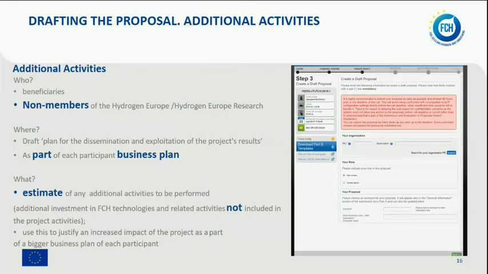We are interested to know what is being carried out and is not directly supported by this program. We would like to see what is the leverage effect. We will not audit these numbers. They are just for us to know where our program stands and where the field is going. So it will be very important for us that you include this in the additional activities, of course also for beneficiaries which are non-members of either Hydrogen Europe or Hydrogen Europe Research.